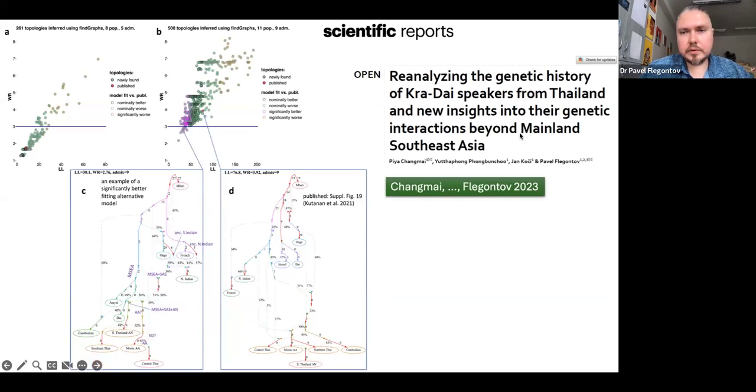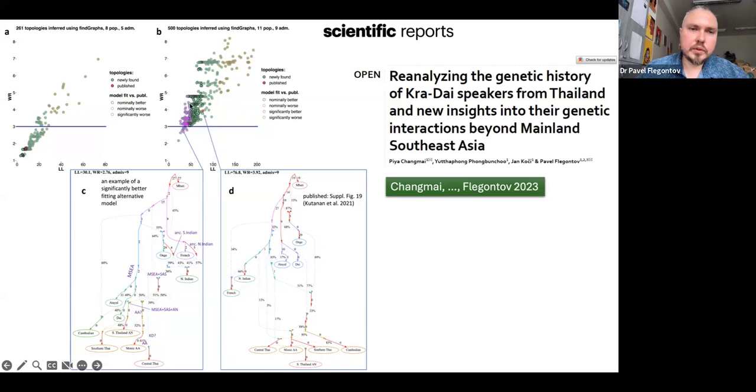And there's another example from another study by our team where we compare a particular published model that was used to support some findings in the paper on population history of Southeast Asians, of human populations in Southeast Asia. The models here are plotted in coordinates of 2 fit metrics, log likelihood score and residual. The published model is in red, and all alternative models we found are in green.